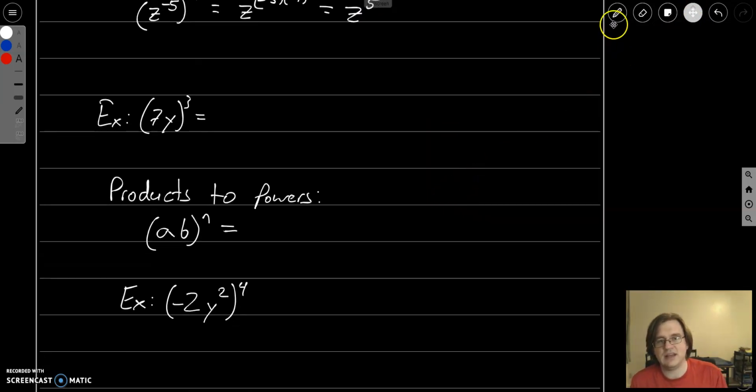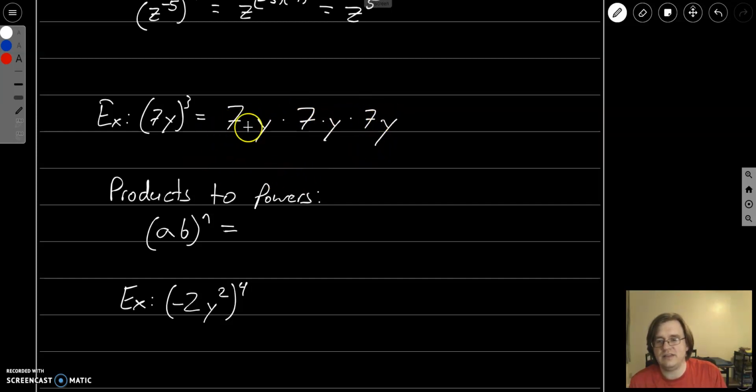Now, in this next example, I've got 2 numbers in here that I'm raising to the 3rd power. And nothing strange goes on here, so we can just write this down. Anything to the 3rd power is just going to be itself times itself 3 times.